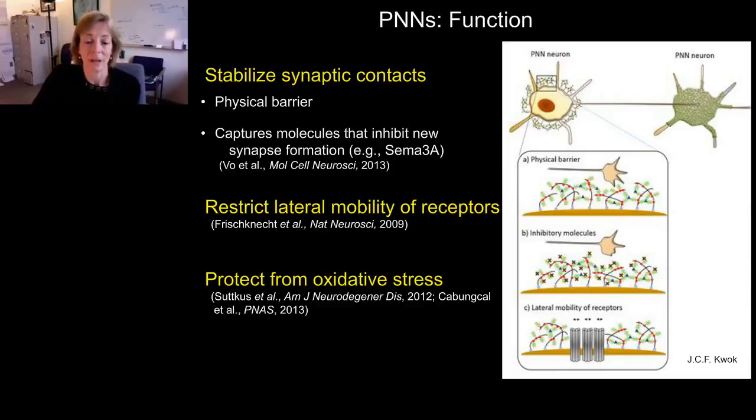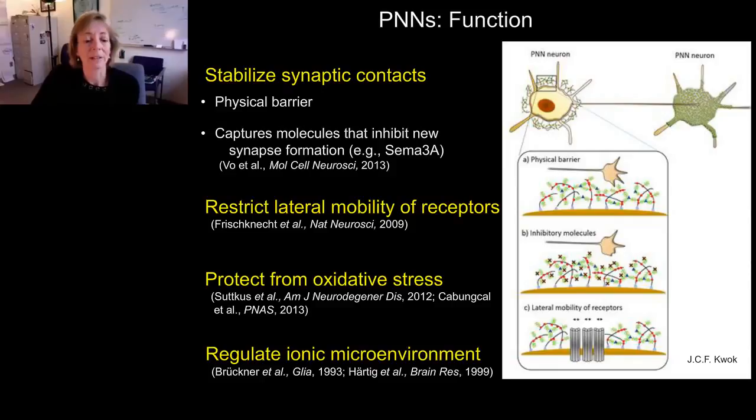And then they are also believed to regulate the ionic microenvironment. The way they do this, if you look up in the right-hand corner where the nets are, is that there are a lot of negative charges associated with the sulfate groups on the chondroitin sulfate proteoglycans that I mentioned that make up the net. These negative groups are thought to serve as buffering capacity for positively charged molecules like calcium, perhaps potassium, and also glutamate.